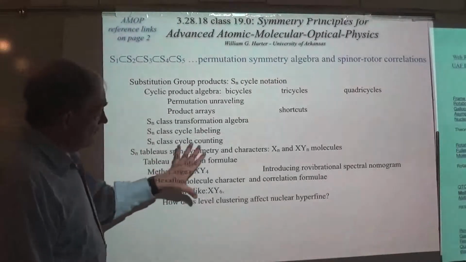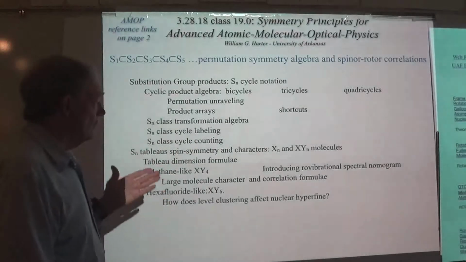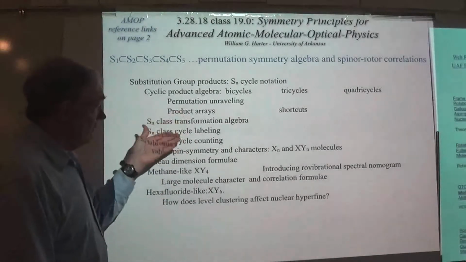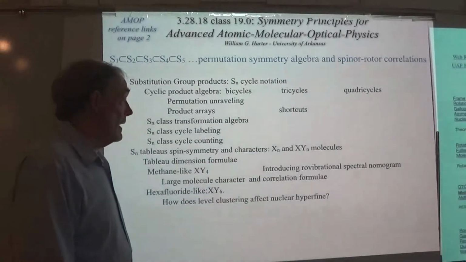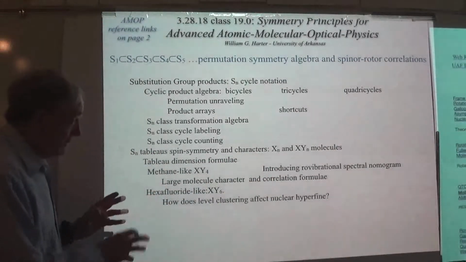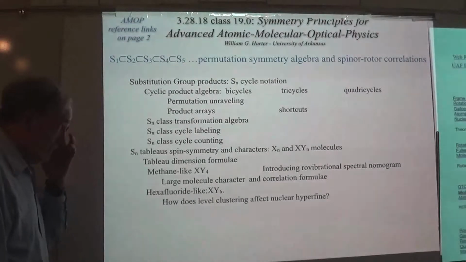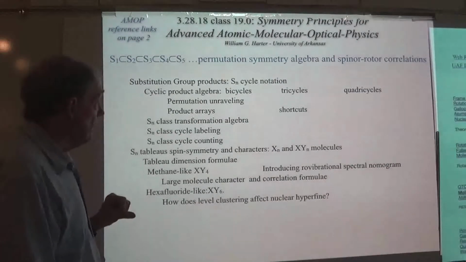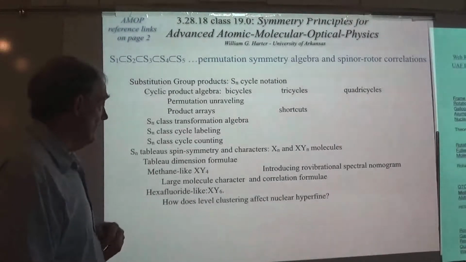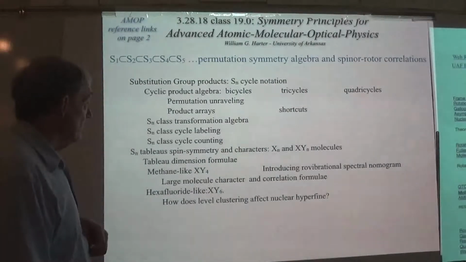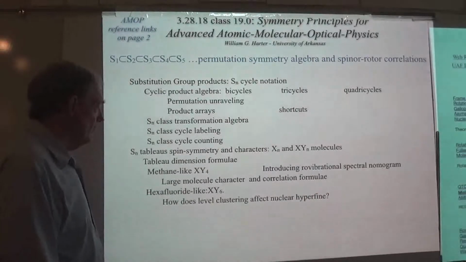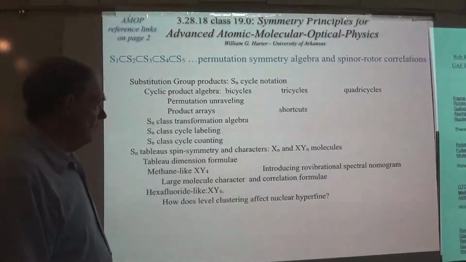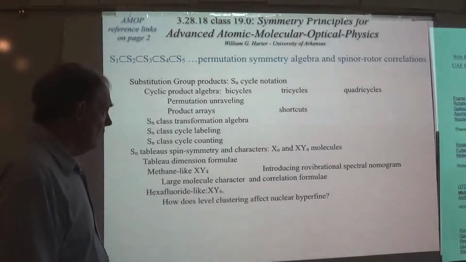And the rest of the lecture will just be devoted to the simplest applications to fairly complex things. We're going to look at how you suddenly have access to understanding and calculational ability for some molecules of fairly formidable size, including the one that I had misspelled until just a few minutes ago, the hexafluoride octahedral structures.